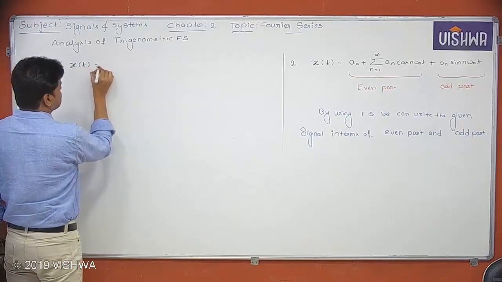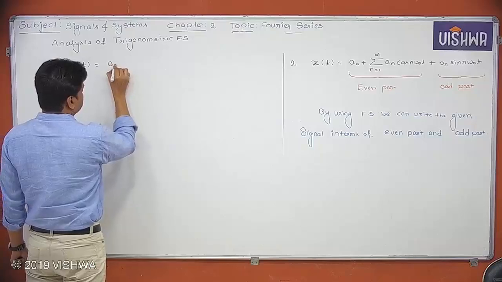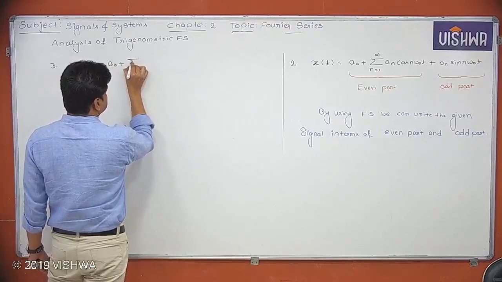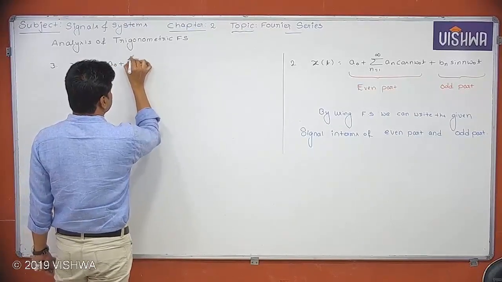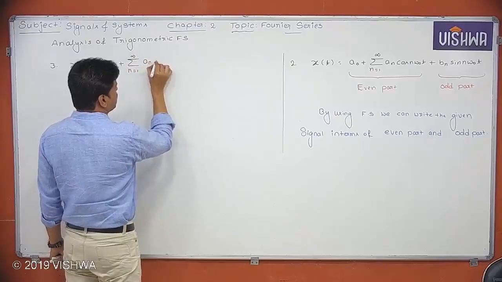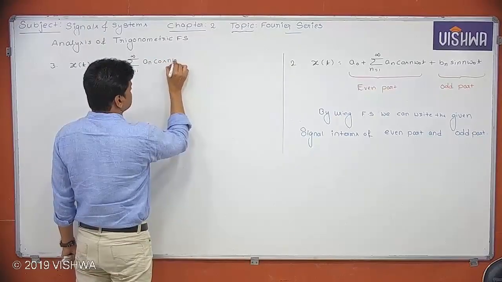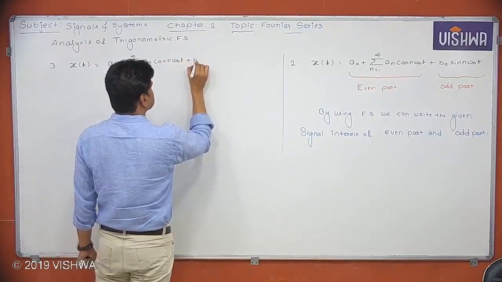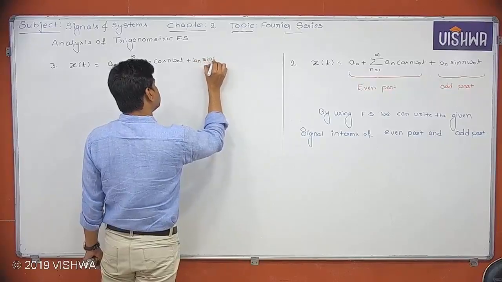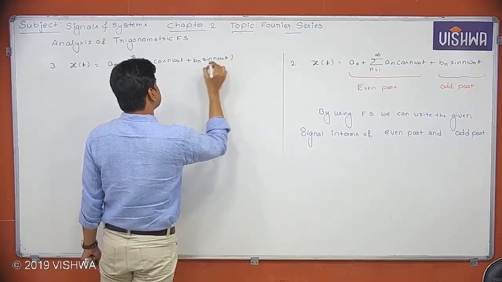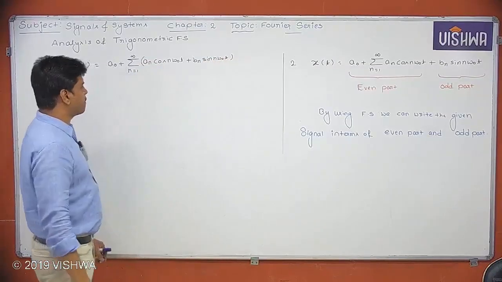x of t is equal to a0 plus summation n is equal to 1 to infinity an cos n omega naught t plus bn sin n omega naught t.